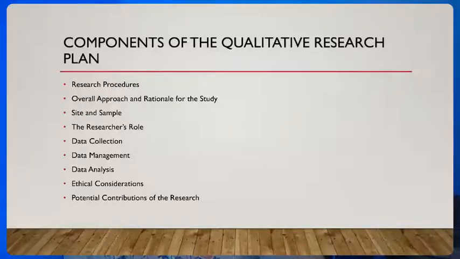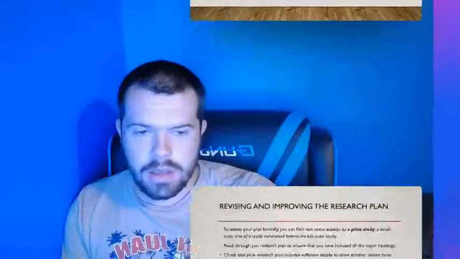What is the researcher's role? So what is your role in the research plan? Then data collection, data management, and data analysis, any ethical considerations for the research plan, and then potential contributions of the research. So how is this going to impact your field of expertise or your field of research?